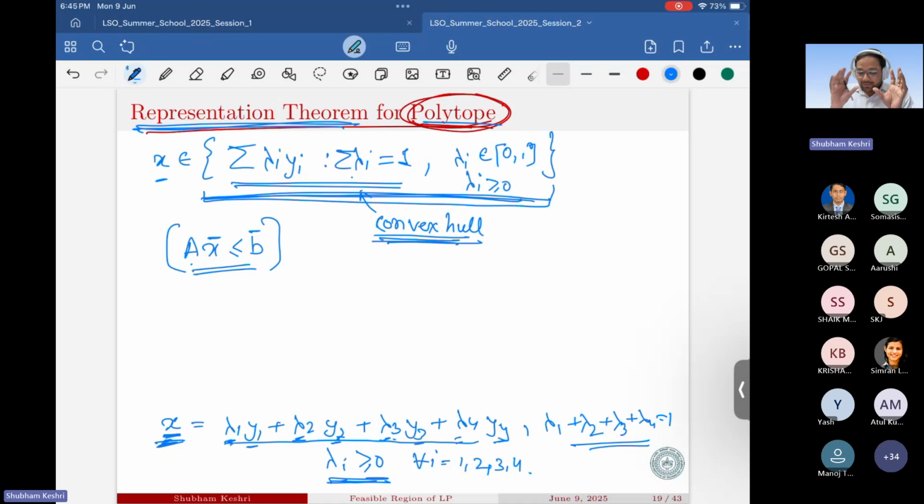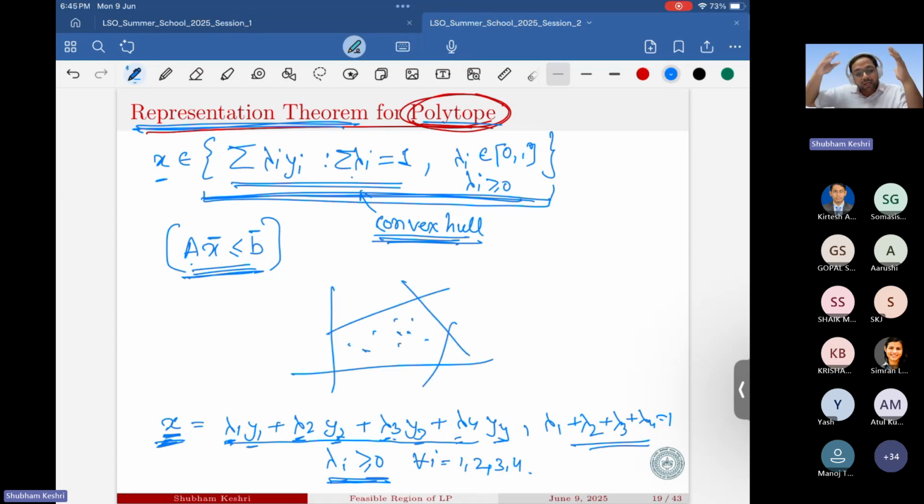The thing to take from here is about any point in the feasible region. The feasible region of an LP is continuous. There can be millions and uncountable numbers of points. But the beauty of the representation theorem is that you can represent it using the corner points. Although you can vary lambda and get all points, you can represent it using a finite number of points.